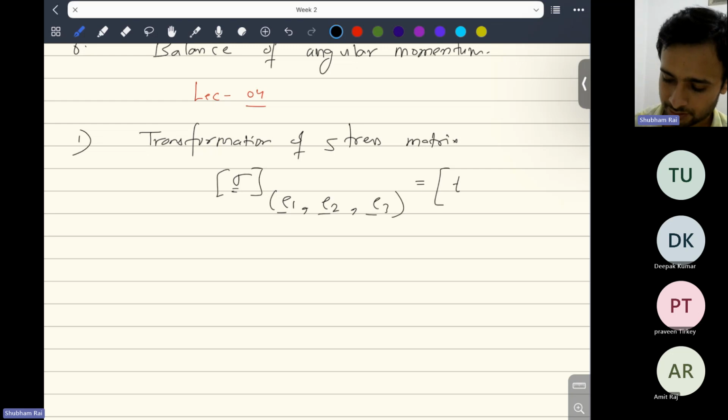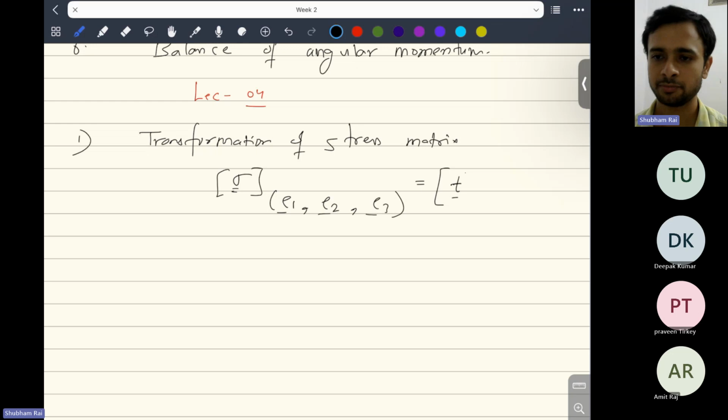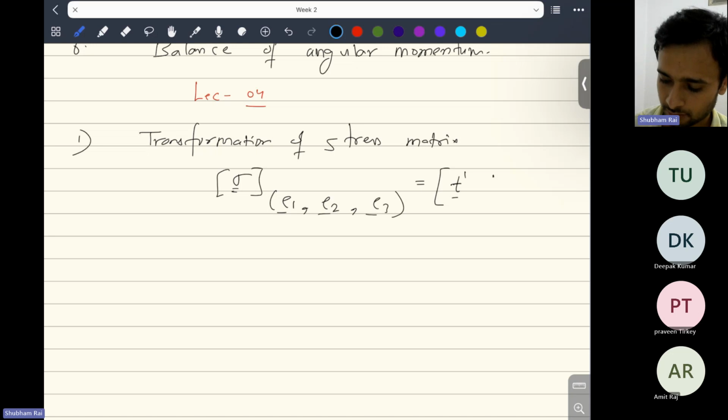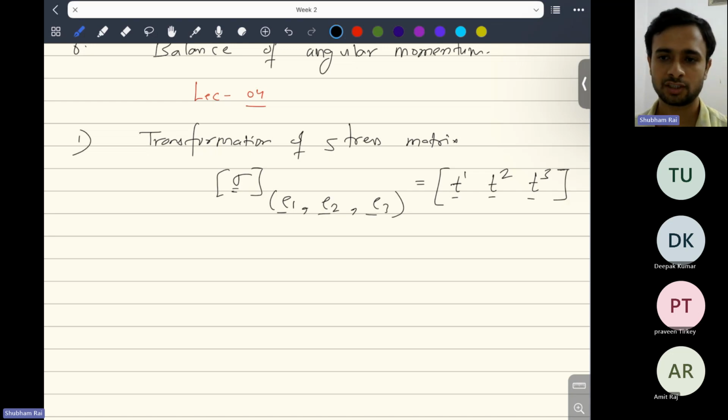So the stress will be represented by first column of the stress tensor will be this traction vector on a plane having plane normal E1, and then second column will be traction vector on a plane with plane normal E2, and third will be traction vector on a plane with plane normal E3. So this will be your stress tensor in the coordinate system E1, E2, E3.